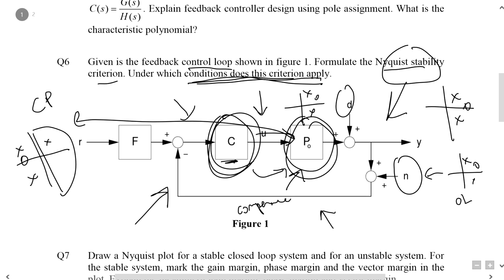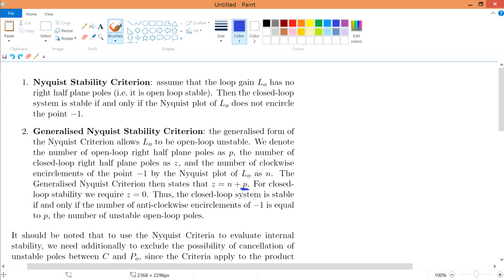Or you may have poles over here, and the Nyquist plot encirclement, which is talking about Z equals N plus P. Ensuring that you follow this Nyquist stability criterion, you should be safe. Hence, I highly believe that we're talking about the generalized Nyquist stability criterion for this question.